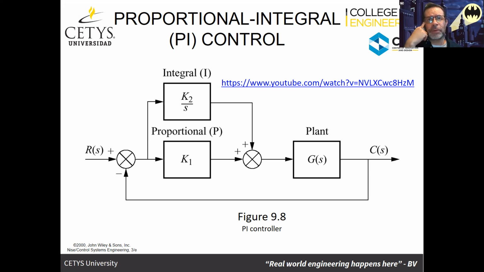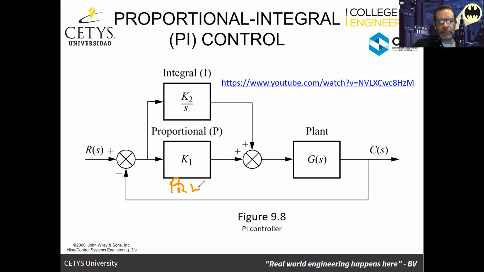Basically, the integral part is the memory part. It's looking at the past, at the accumulation of the error in the past. And so the proportional is looking at the present, or acting on what's occurring in the present. The integral is acting on the accumulated information, so it's basing its action on the past.